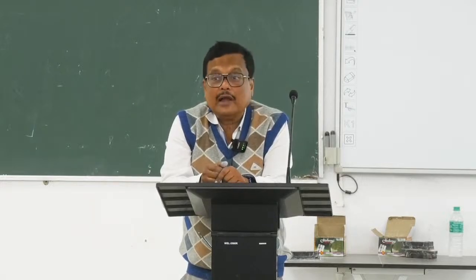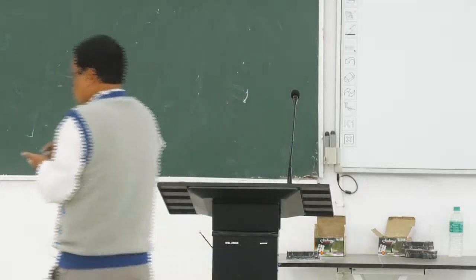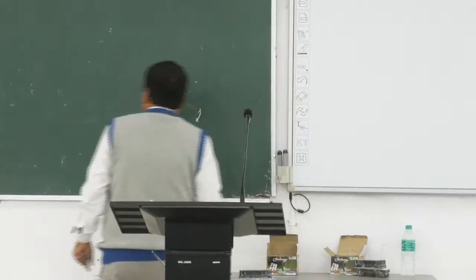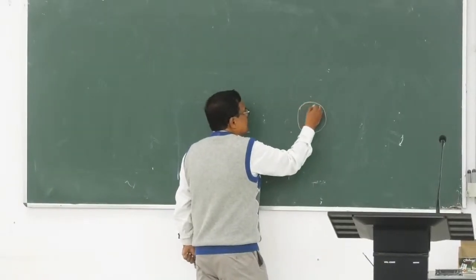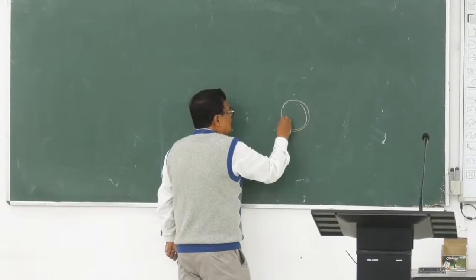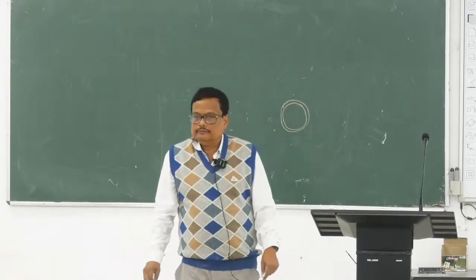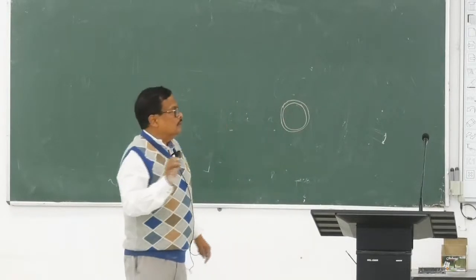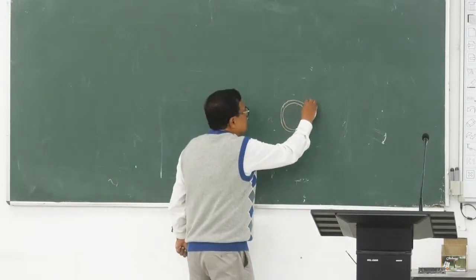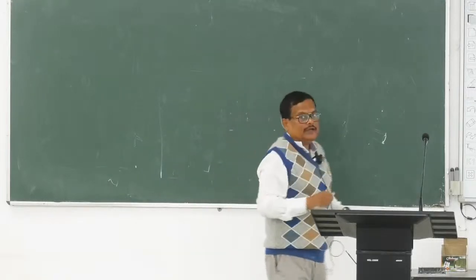But in case of a large bronchus, there is a lining epithelium which is pseudo-stratified ciliated columnar, resting on a lamina propria, and there is cartilage. But what is the difference from the tracheal cartilage?